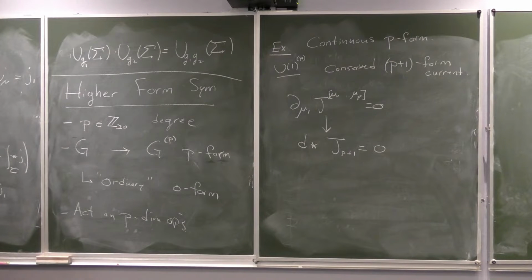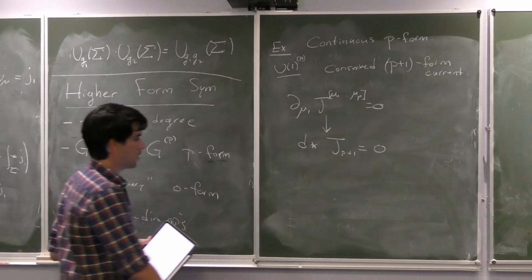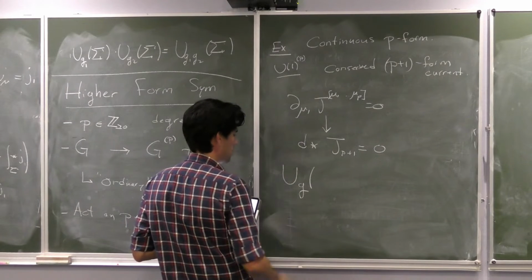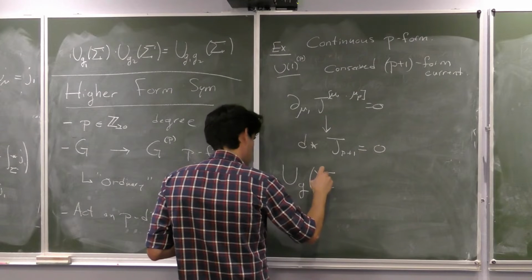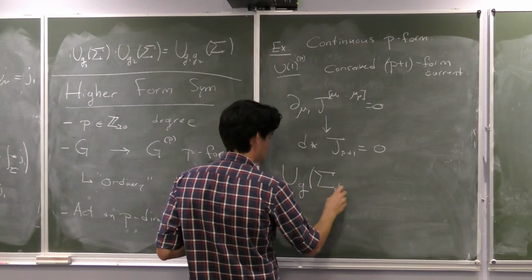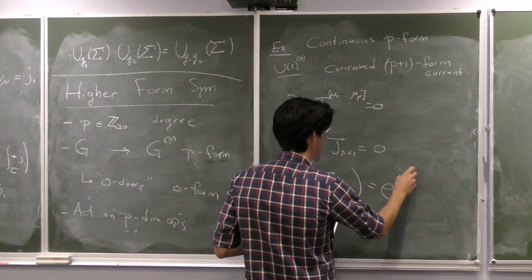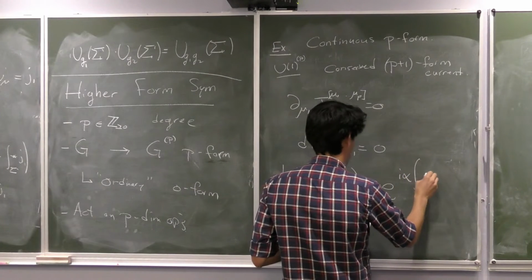Okay. Now we're going to see the power of differential forms. You can just take this formula and say, well, now instead of having a d minus 1 form, I have a d minus p minus 1 form. So you can try to define, again, some symmetry defect operator. Now this is a d minus p minus 1 dimensional manifold, where again you just write down almost the exact same formula.